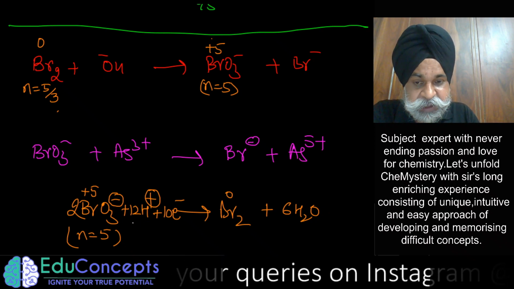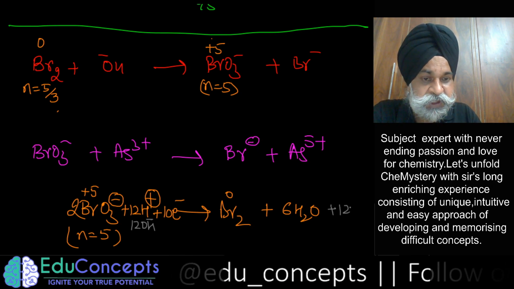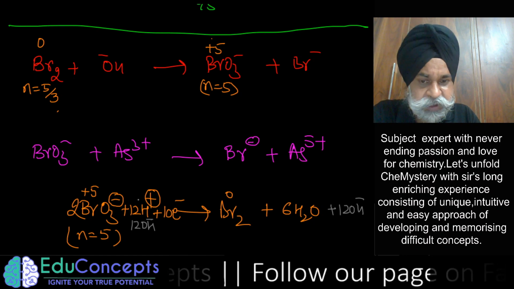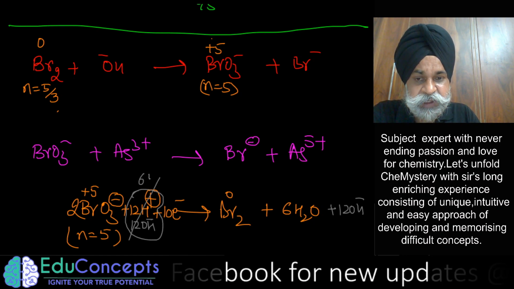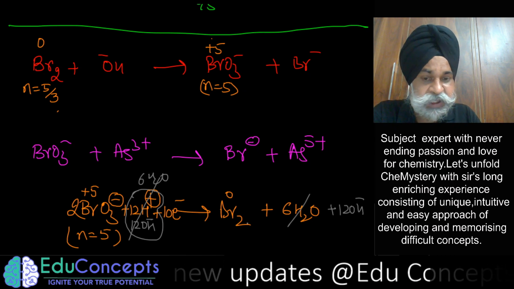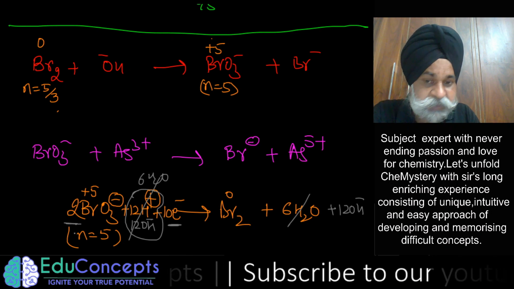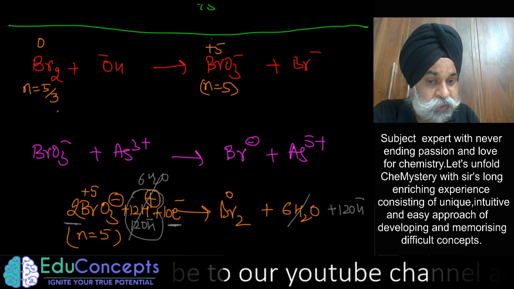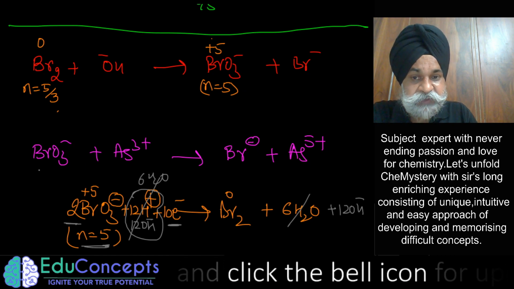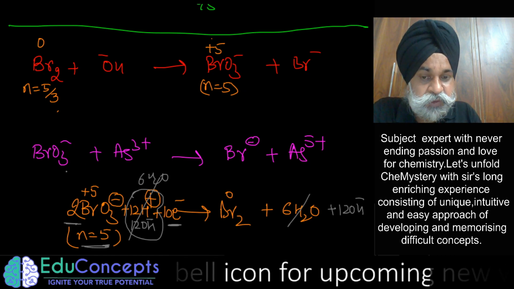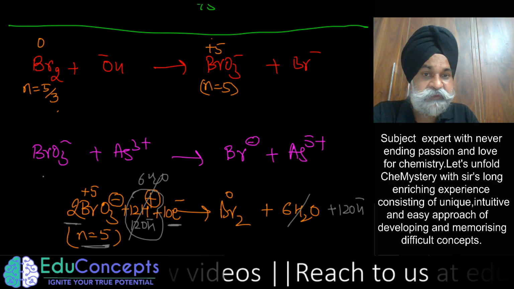To balance it in the basic medium, you add 12 OH negative on both sides. Now this becomes water, 6 water, this gets cancelled, and the electrons fundamentally remain 10. So 2 moles of BrO3 negative takes 10 moles of electrons, so 1 mole takes 5. So the n factor is 5. I would advise you to go to the video which consists of many cases of n factor.